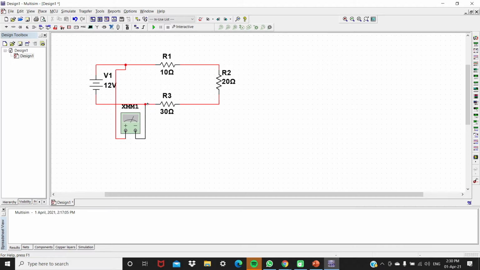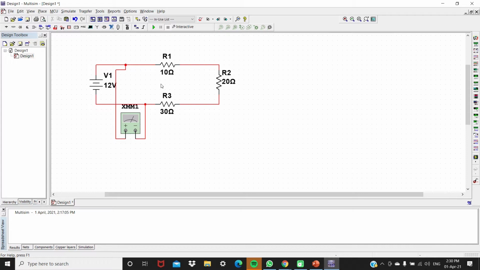By right, if we simplify R1, R2, and R3, it should be 60 ohms. So to verify that what we were saying earlier is correct.